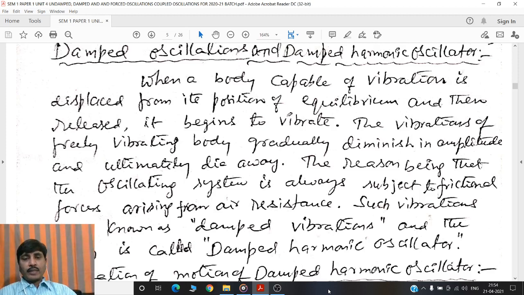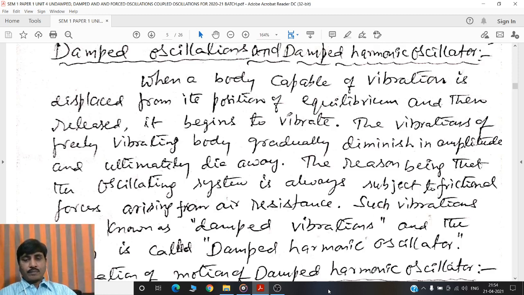The reason is that the oscillating system is always subjected to frictional forces arising from air resistance. Such vibrations are known as damped vibrations or damped oscillations, and the body is called a damped harmonic oscillator. In a simple oscillator, the amplitude of vibrations is constant, but in a damped harmonic oscillator, the amplitude of oscillations decreases gradually with time.